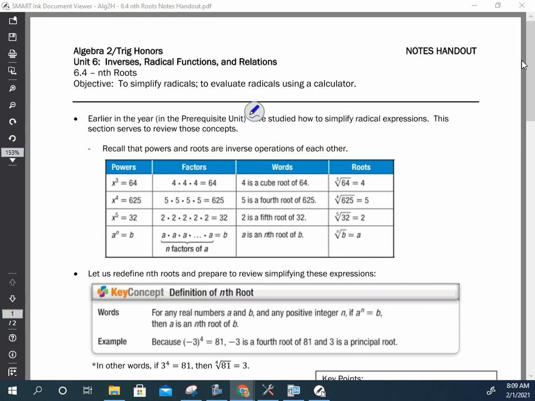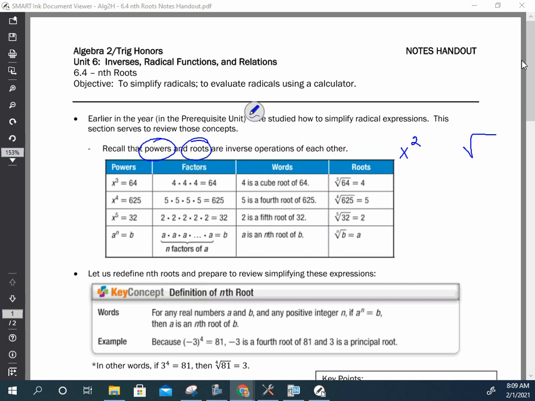So we just came off of a section not too long ago when we were doing inverse functions. A power and a root are inverse functions. So the most basic one, if you have something raised to the second power and you take the square root of it, those two are opposites of each other. Those are inverses.